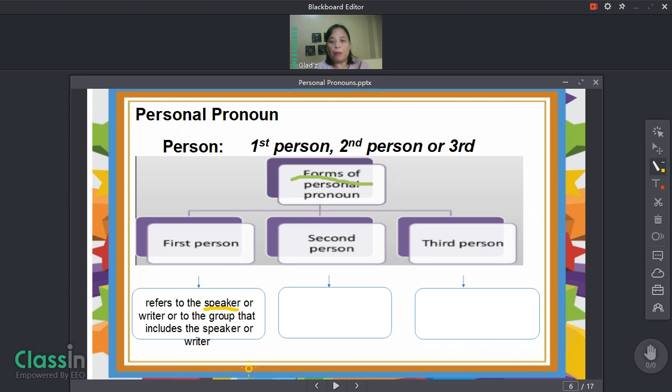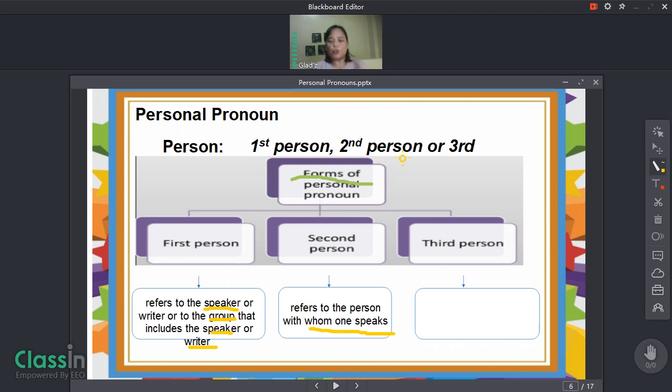So remember that the first person refers to the speaker, or a group that still includes the speaker or the writer. Meaning, the first person is referring to someone who is talking. How about the second person? The second person refers to the person with whom one speaks, or to whom you are speaking.